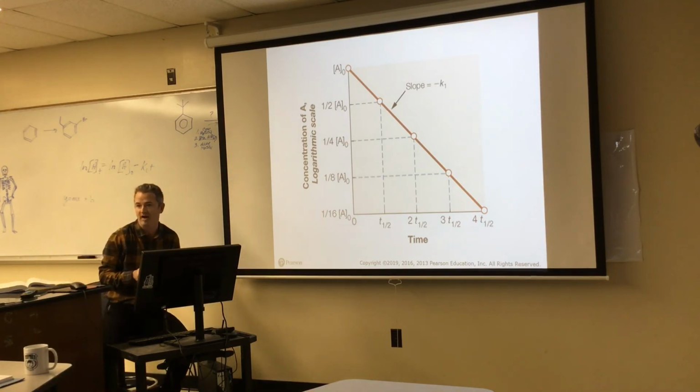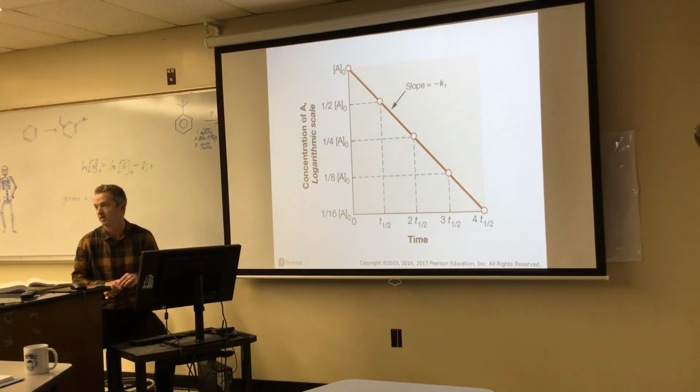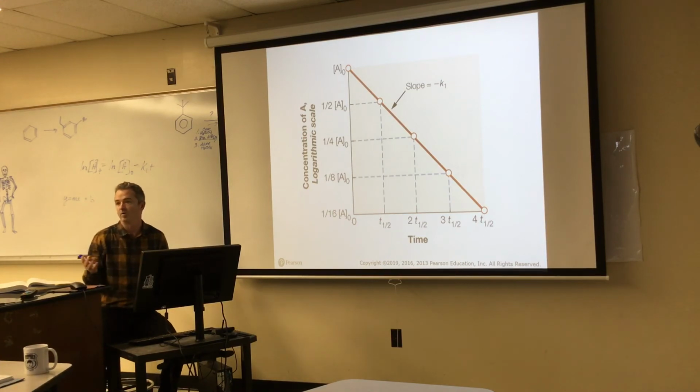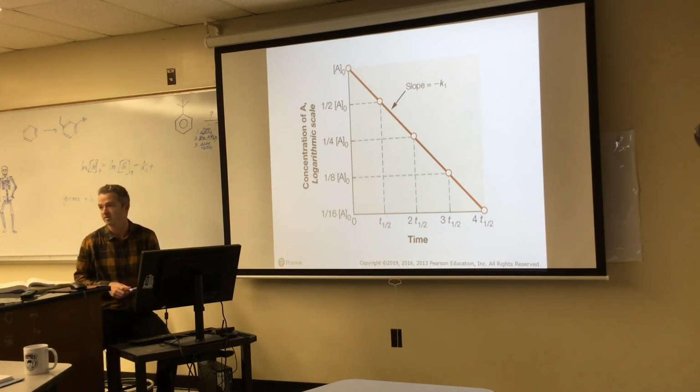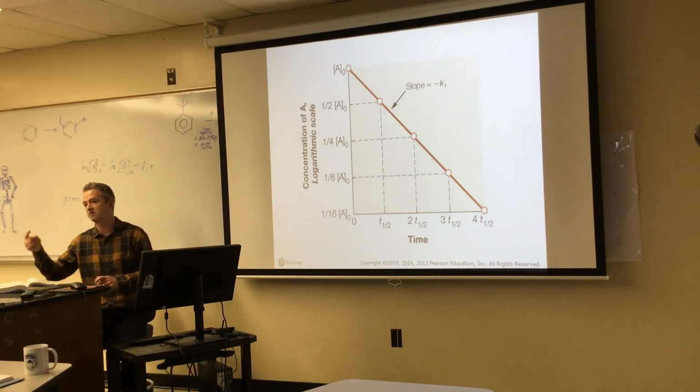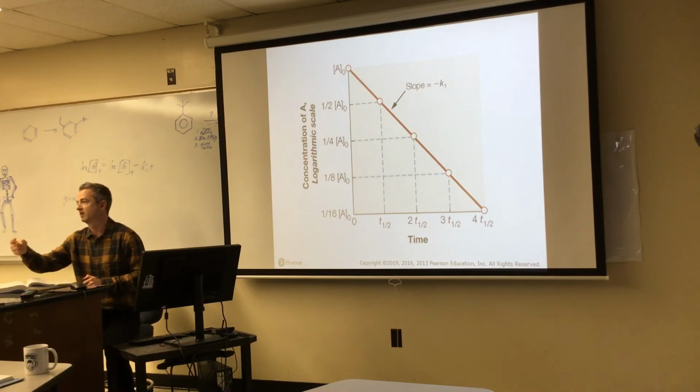determining whether or not you have first order kinetics, all of this plays a role in determining that rate constant. And this is important: rate constants can only be determined experimentally. That is actually how mechanisms in organic synthesis are derived.